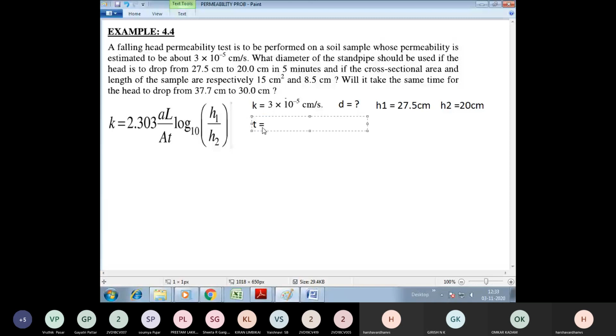T is equal to 5 minutes. 5 minutes is equal to 300 seconds. So time taken is 300 seconds or 5 minutes.